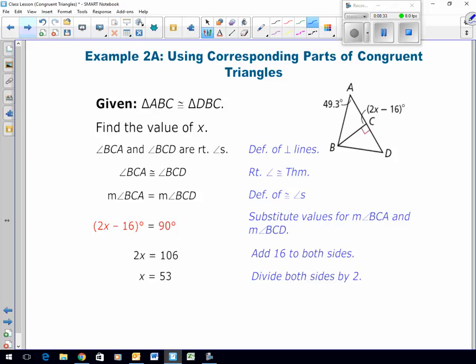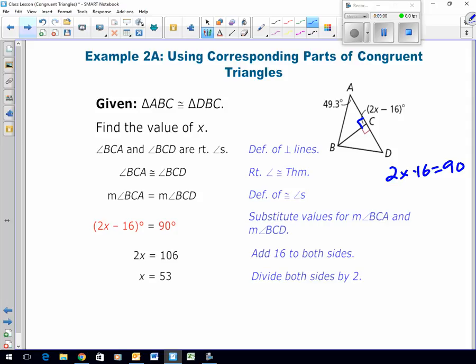C. Alright, so, guys, if C is a right angle in one triangle, it has to be a right angle in the other, correct? That's why, if I want to solve for X here, I take 2x minus 16 and set it equal to 90.